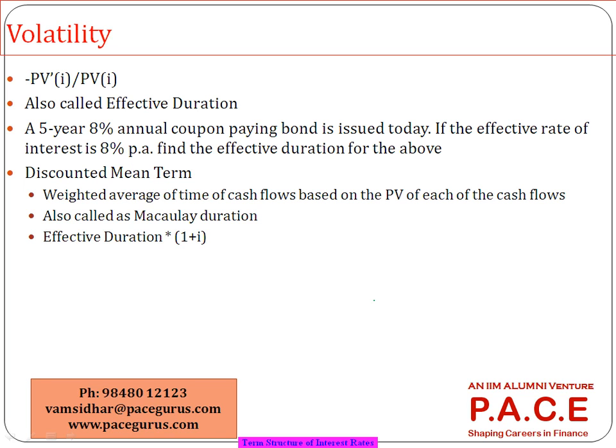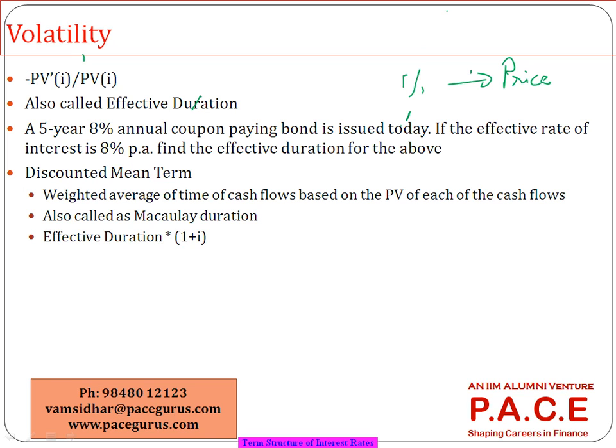This volatility is primarily arising because of changes in the interest rate. If the interest rate changes, by what extent? Probably if the interest rate changes by 1%, by what extent is the price going to change? Right, today the price, which is the present value of the future cash flows, we have computed based on the current interest rate assumption.